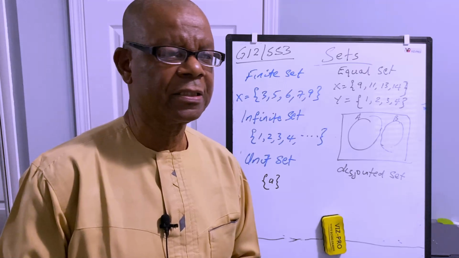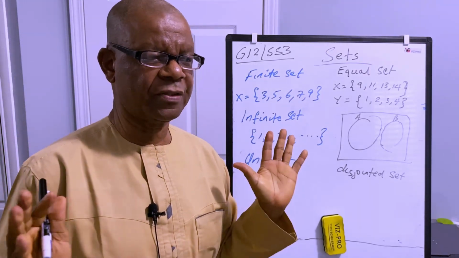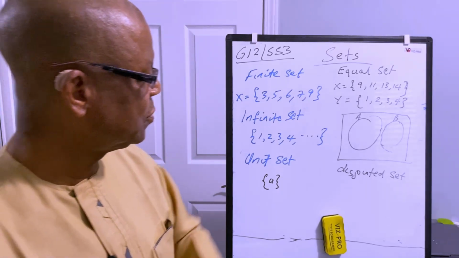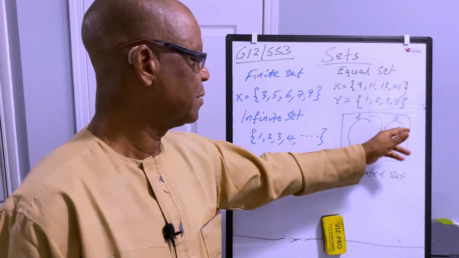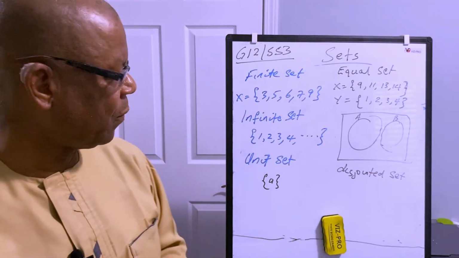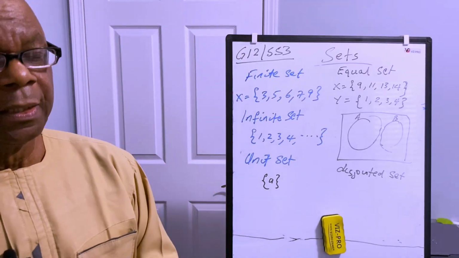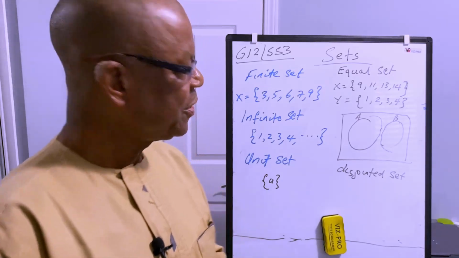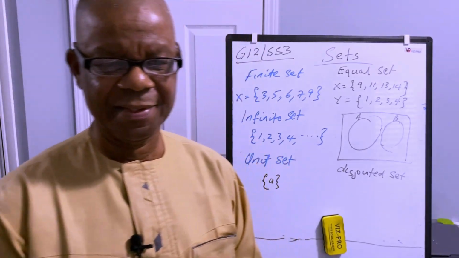So we call it disjointed set because each of them is on its own. It's true they belong to the same universal set, but none of their members belong to the other one. That is disjointed set.